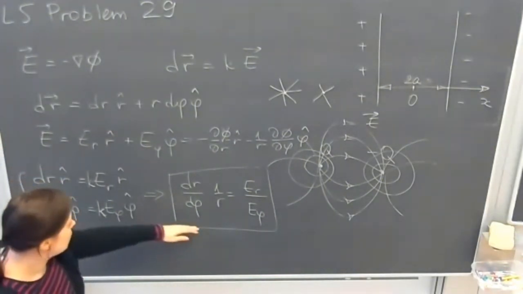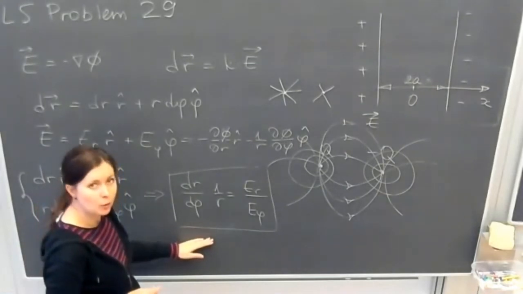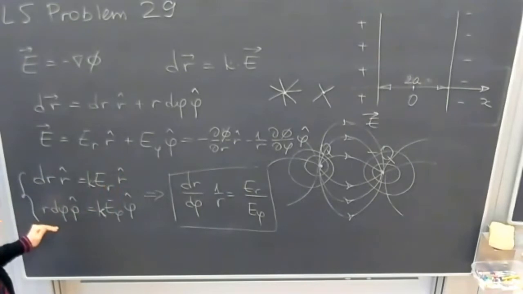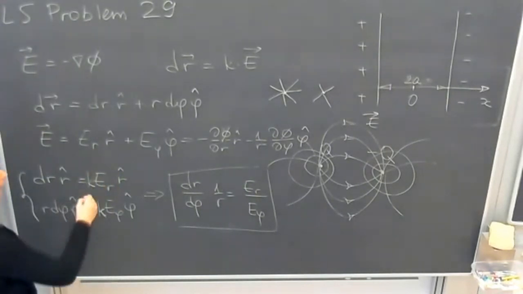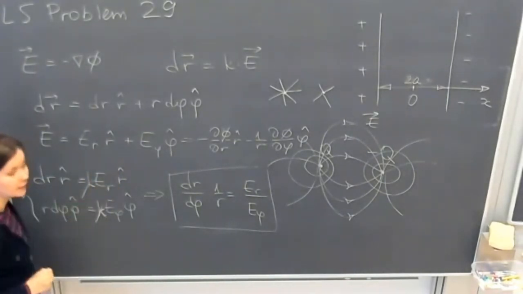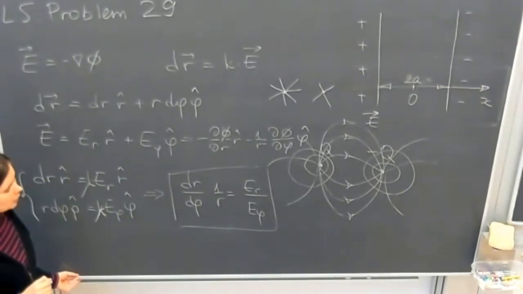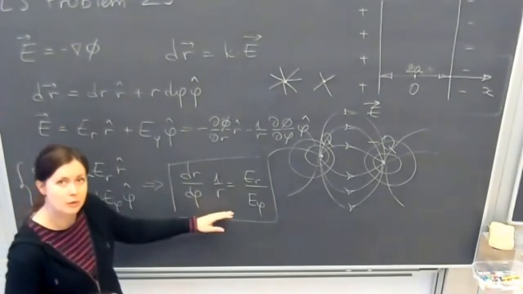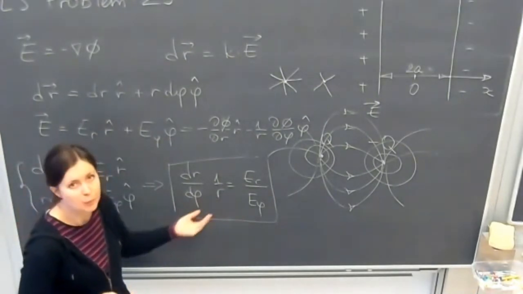But when we write the equation of electric field lines, the relation of one to another, K is gone. So it doesn't influence, it's just a proportionality constant.